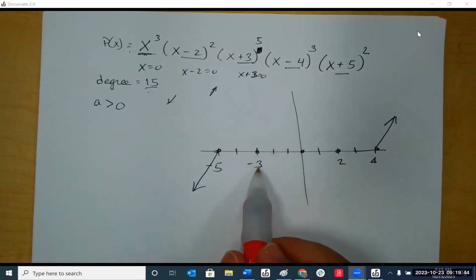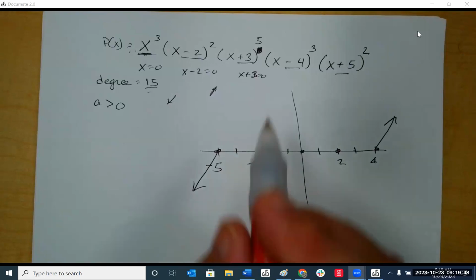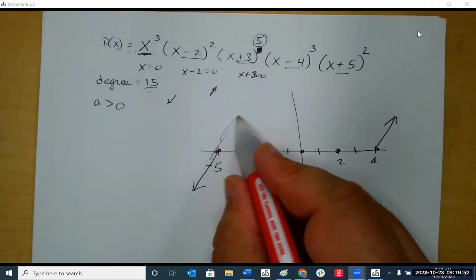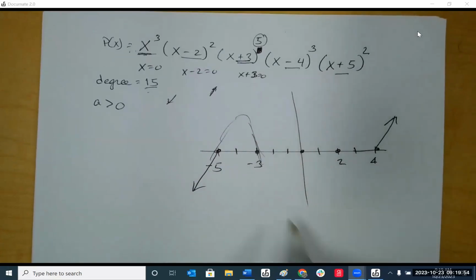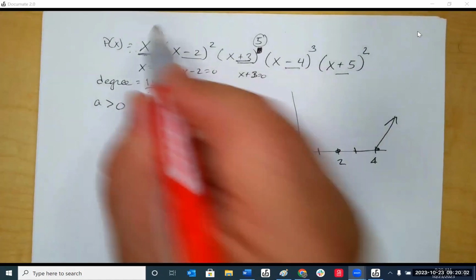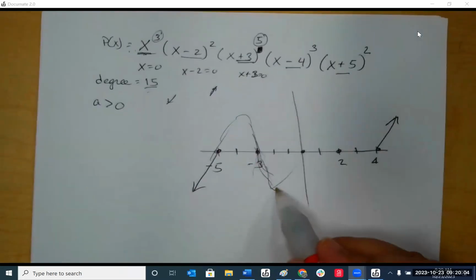So what happens at -3? Does it cross or bounce? At -3, it's odd, so it crosses. What does it do at 0? At 0, it's odd also, so it crosses.